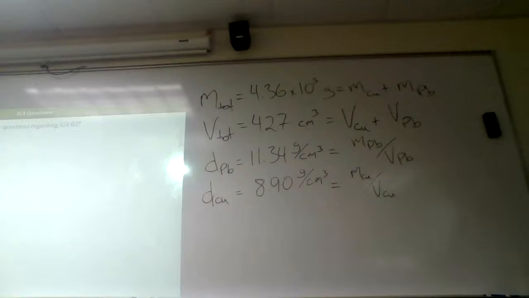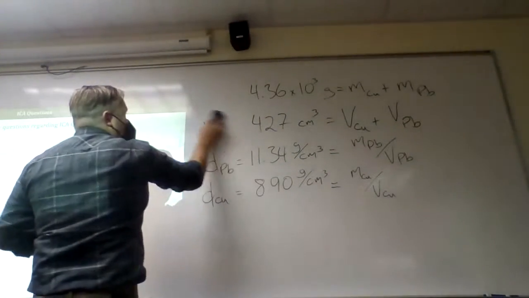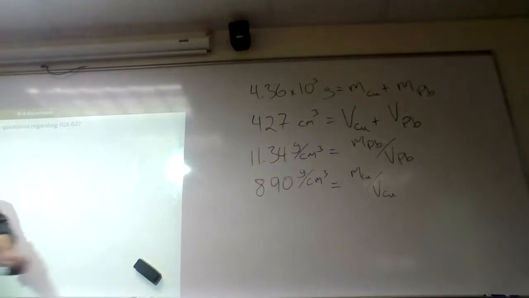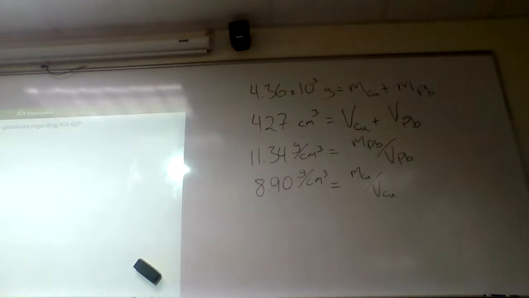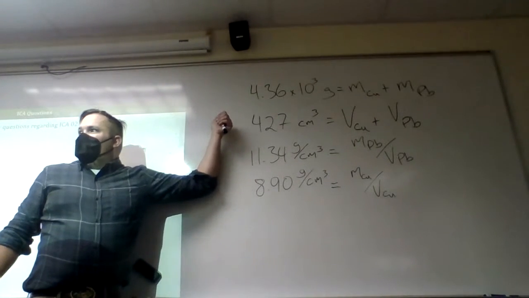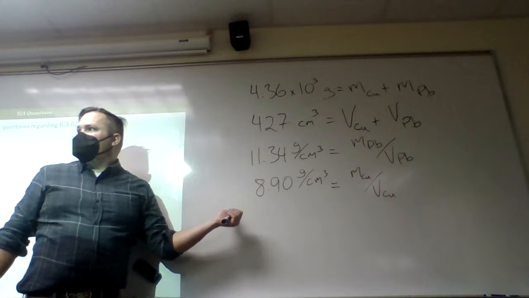So how does this help us? I'm going to clear this a little bit. We can maybe put things in terms of other things and then plug and chug. So this is called a system of equations. We have 4 equations now that use the same variables.